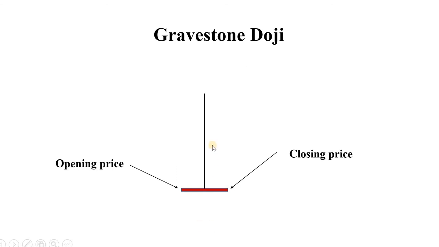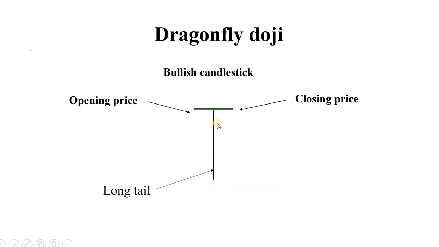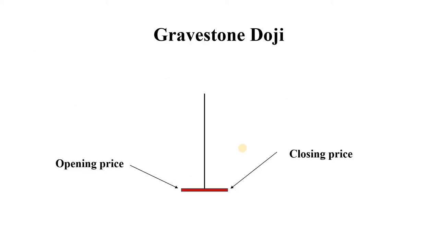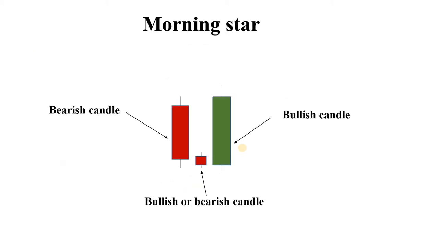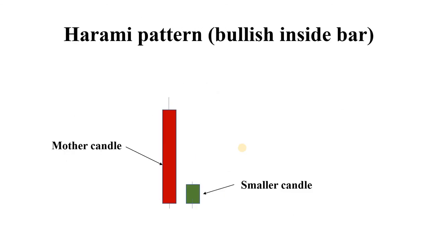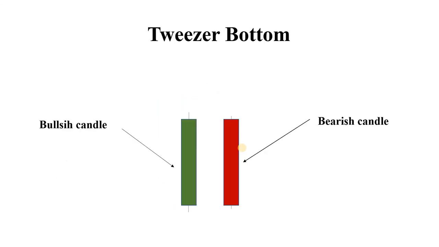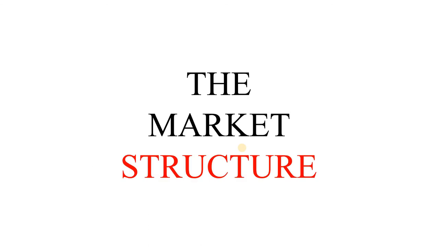Then we have the gravestone doji, which is the bearish form of the dragonfly. This is the bullish form. I explained all this in last night's video. So I'll quickly skip all this and move straight to what we have today.